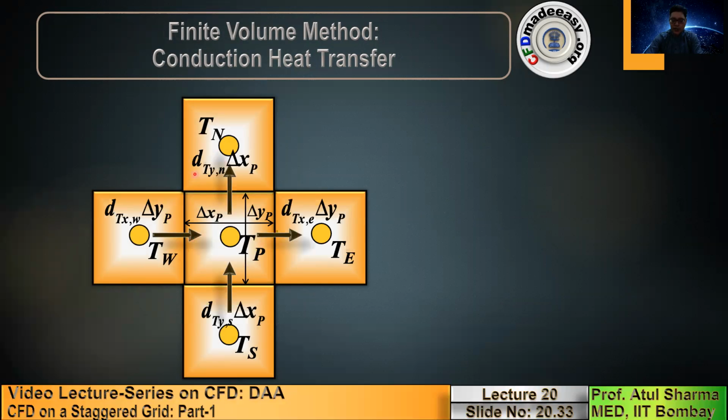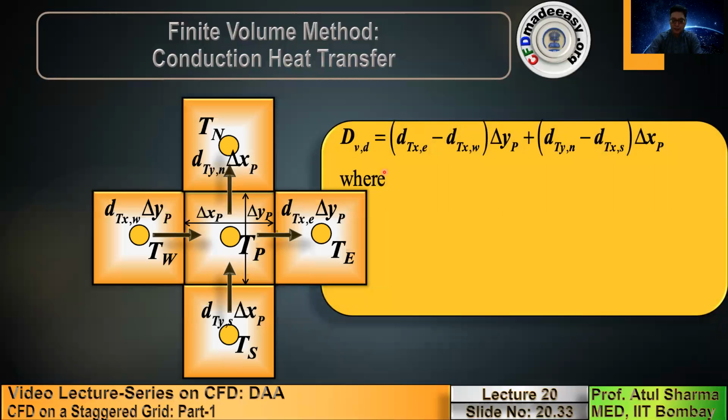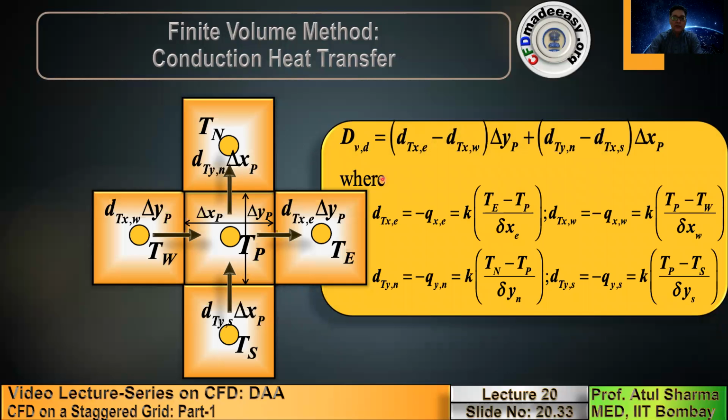the diffusion term represents the conduction heat process. Note that there is a mistake here.